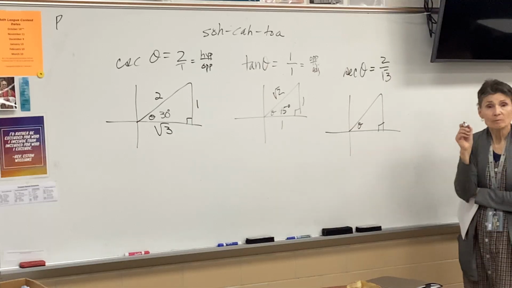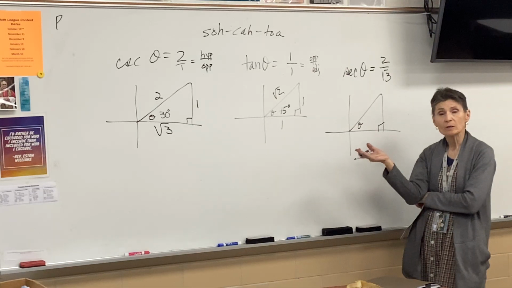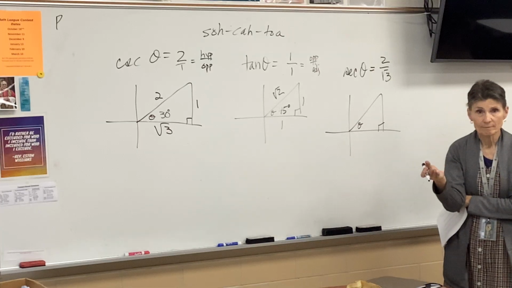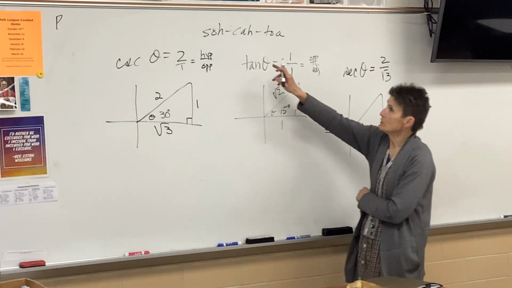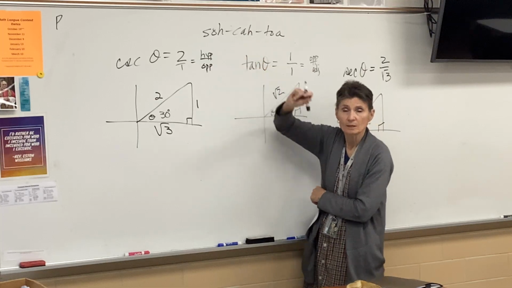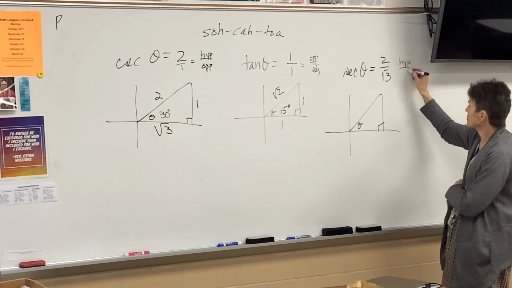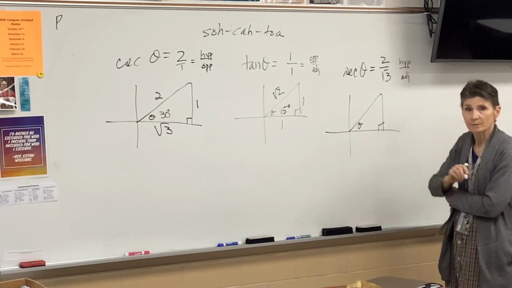So again, we have to remember what secant is. Secant is the reciprocal of the cosine. So if cosine is adjacent over hypotenuse, then secant will be hypotenuse over adjacent.